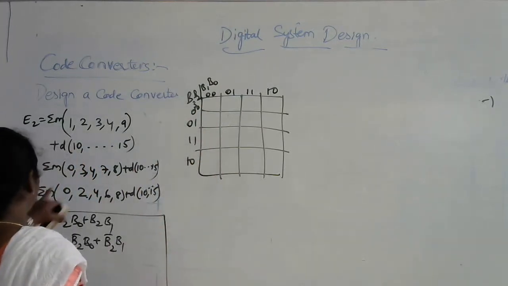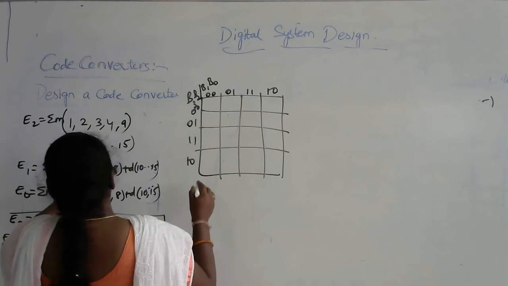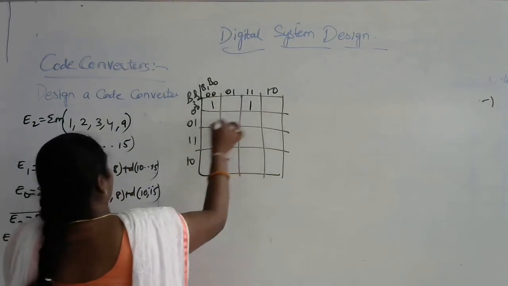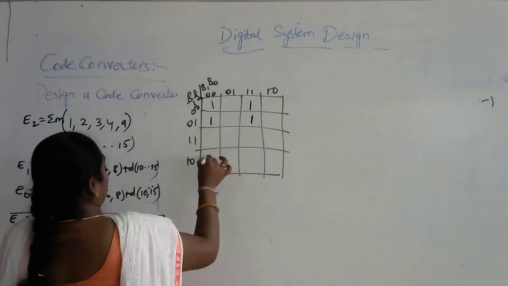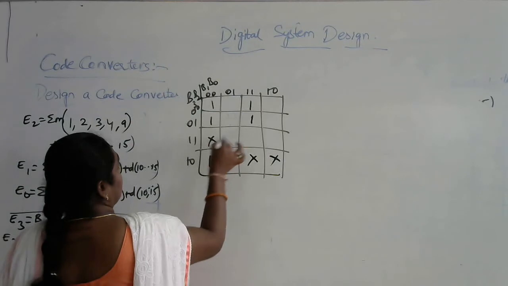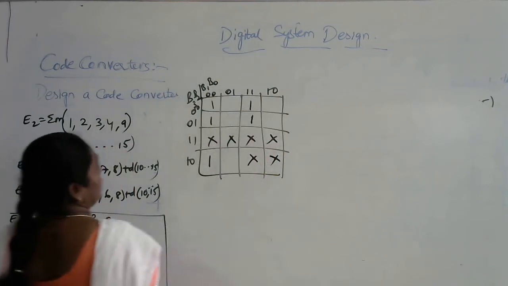For E1, we have terms at 0, 1, 2, 3, 4, 7, 8, and the don't cares are 10, 11, 12, 13, 14 and 15.